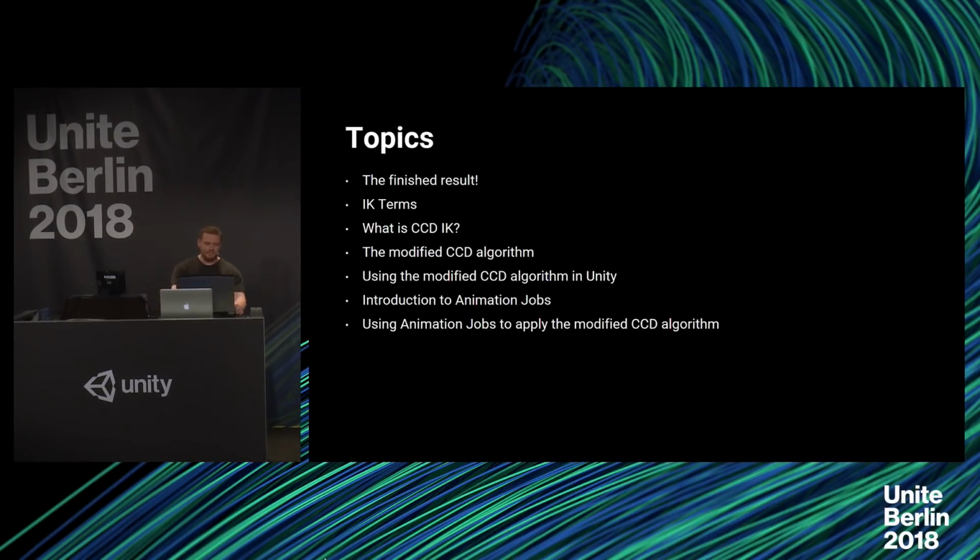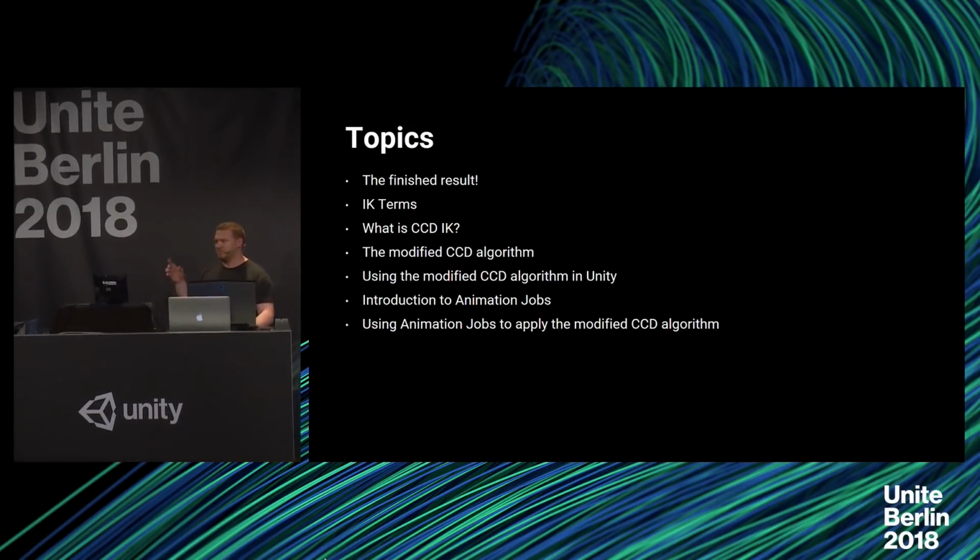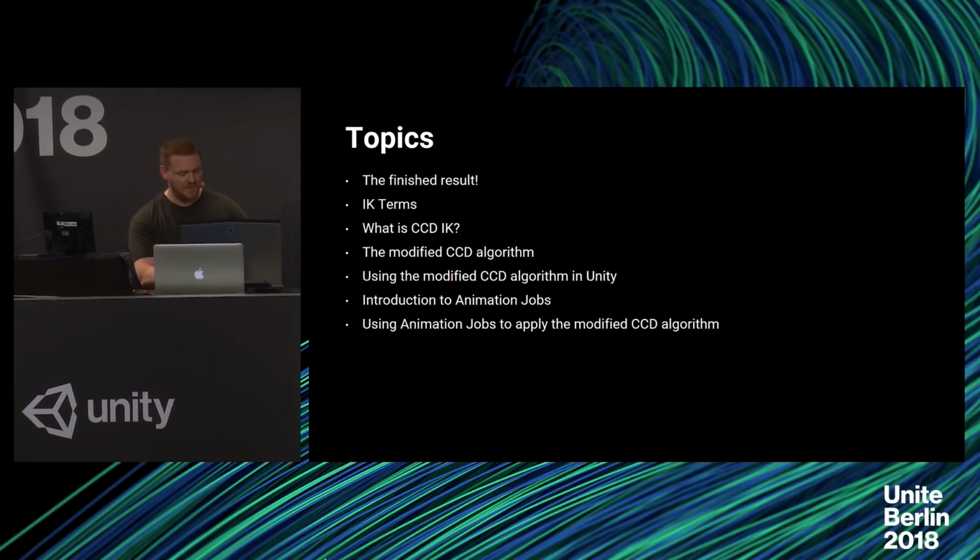Okay, so here's what we're going to go through. I'm going to start off by showing you the end result, what's going to happen by the end of the talk. Then there's some IK terms that a lot of people disagree on what the exact meanings are. So I'm going to go through the way I'm going to be using the terms, just so we're all speaking the same language.